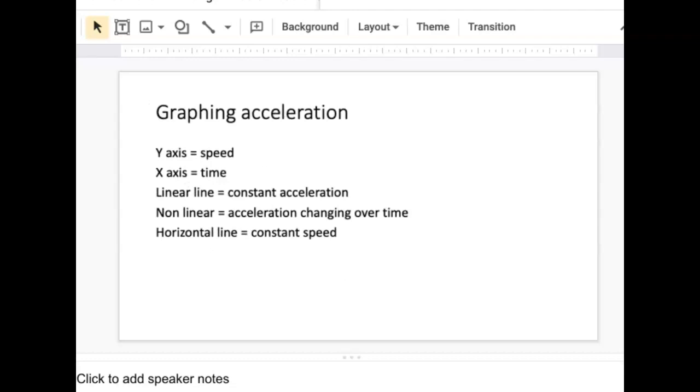When we graph acceleration, it may look similar to a speed or velocity graph. You have time on the x-axis, but instead of distance on the y-axis, it's now the speed. So a linear line, meaning that 45-degree line, is going to be constant acceleration, just like that 45-degree line was constant speed in a velocity graph. A horizontal line this time means constant speed.